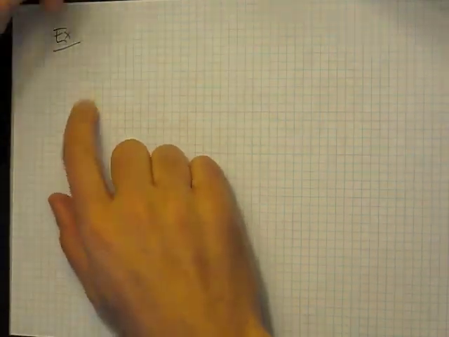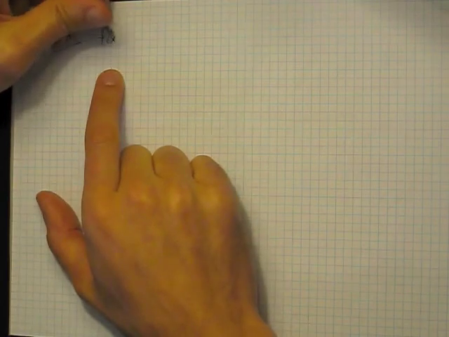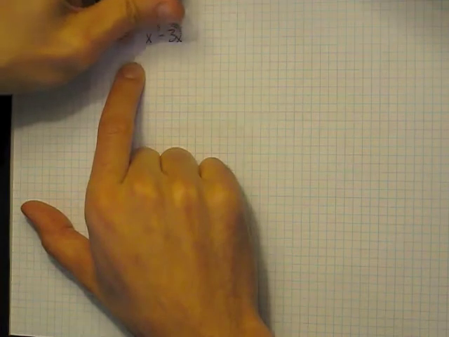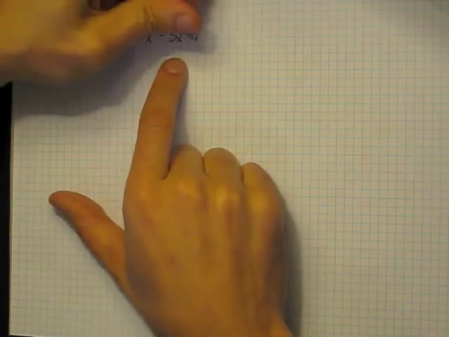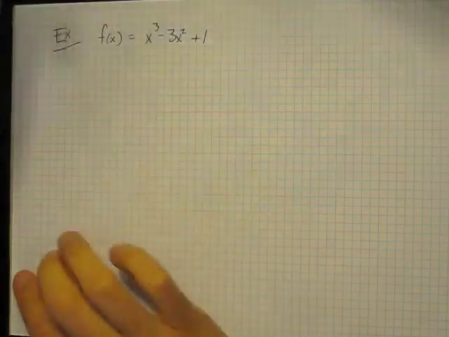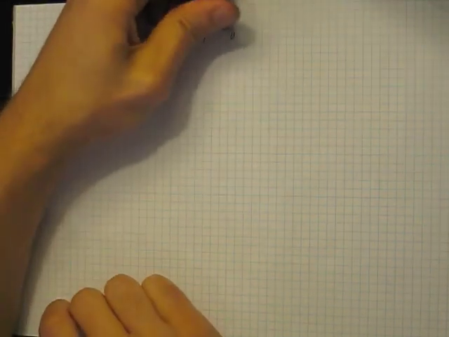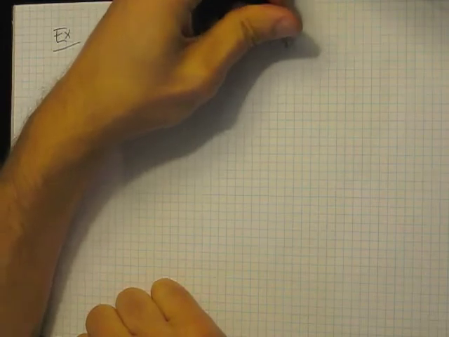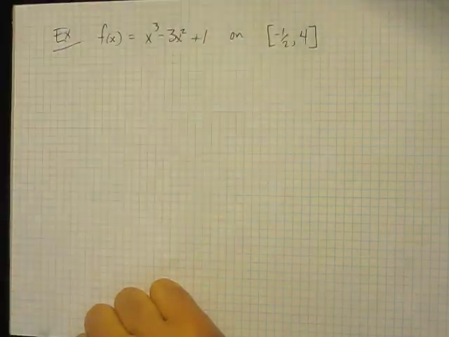So example, how about f of x is equal to x cubed minus 3x squared plus 1. And we'll look at the interval from minus a half to 4. Okay.